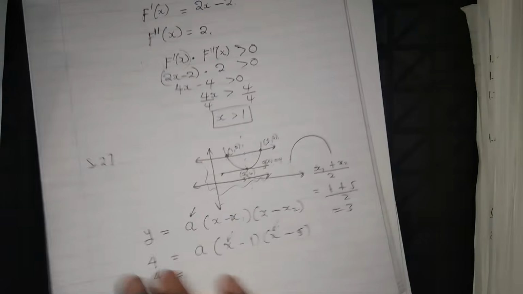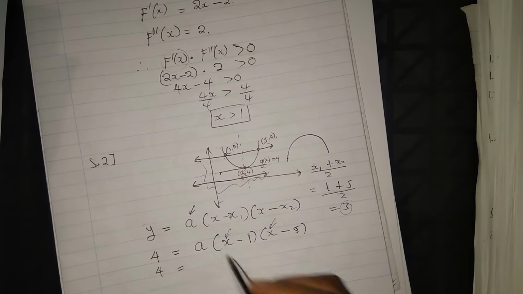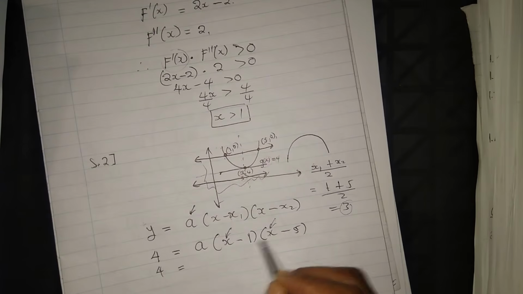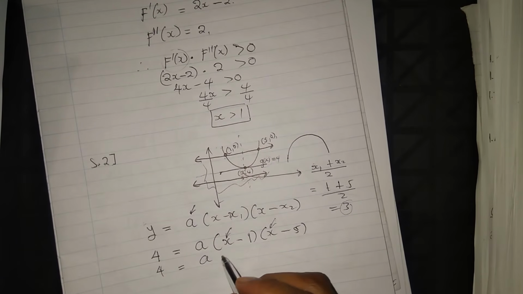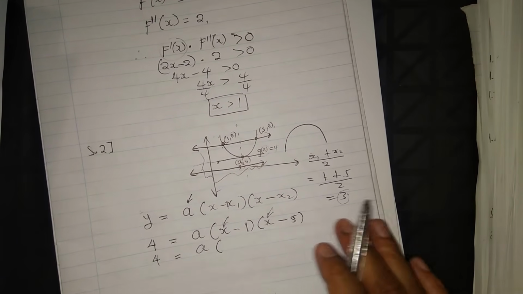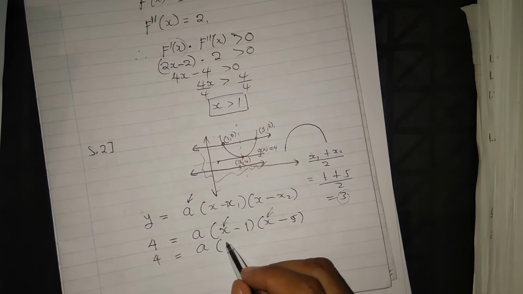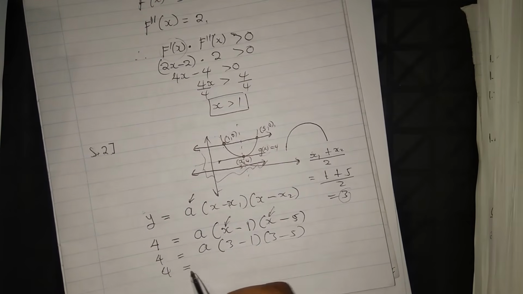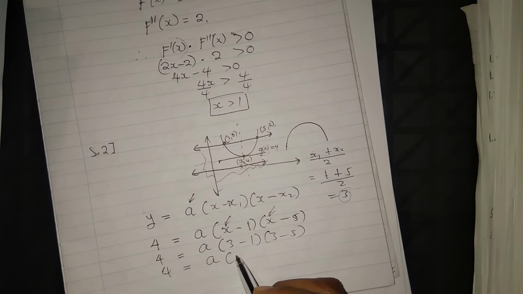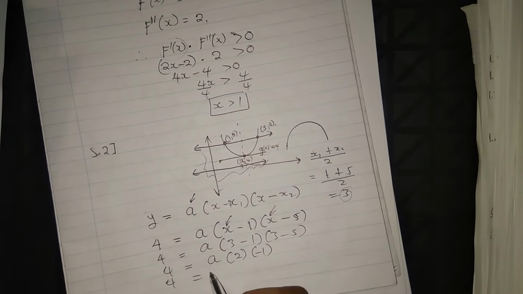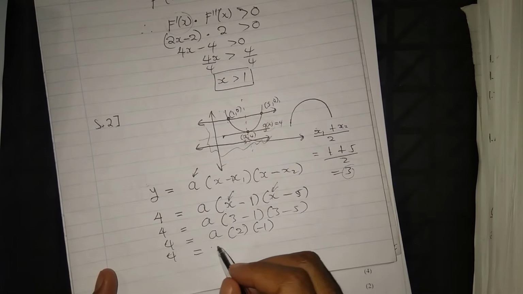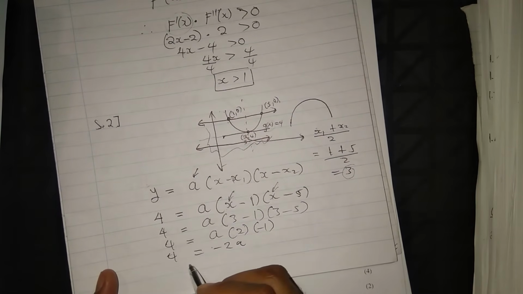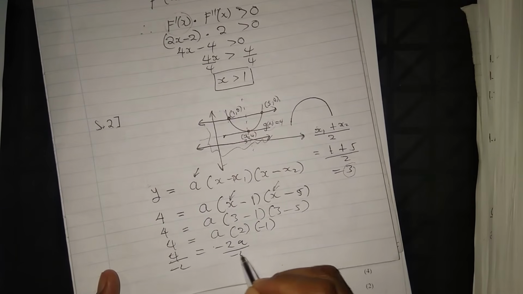So therefore I need the x coordinate so that I can substitute here and calculate a, so that I can find the shape of my graph. So it's 3 minus 1, 3 minus 5. So it's 4 equal to a. Here it's 2, and here it's -1. So it's 4 equal to -2a. Divide both sides by -2.